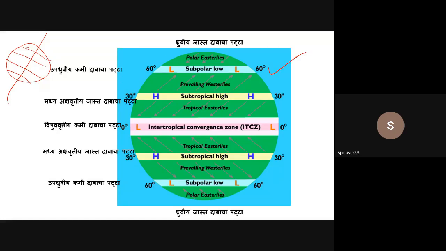Now, in your books in earlier classes, you have done pressure belts as a different topic. In NCERT books, you would have done circulation of atmosphere as a different chapter. You must have done global winds as a different chapter.